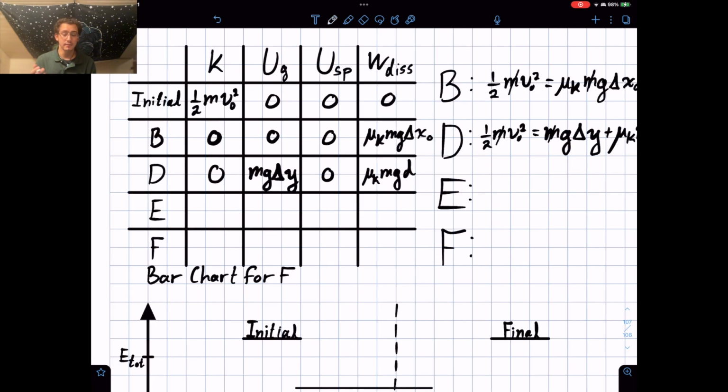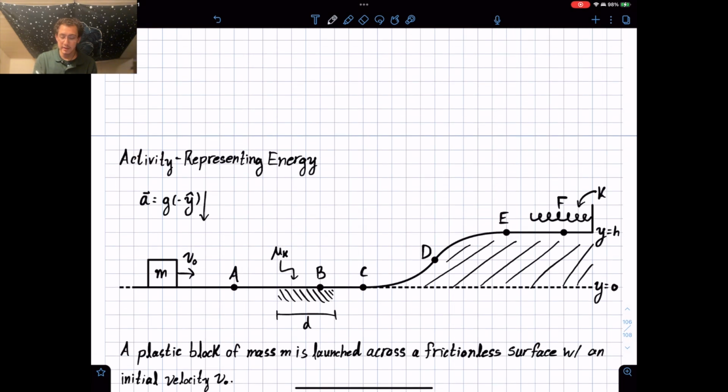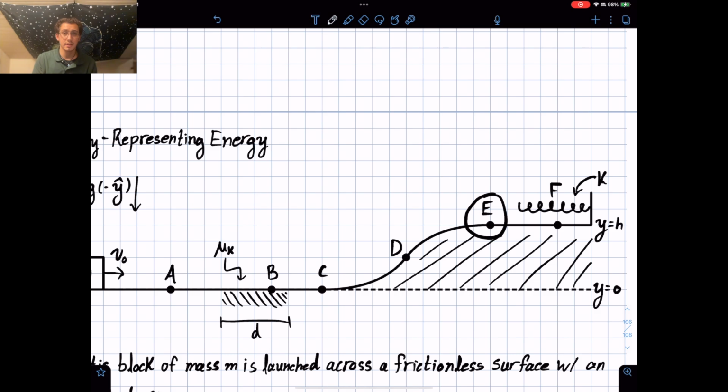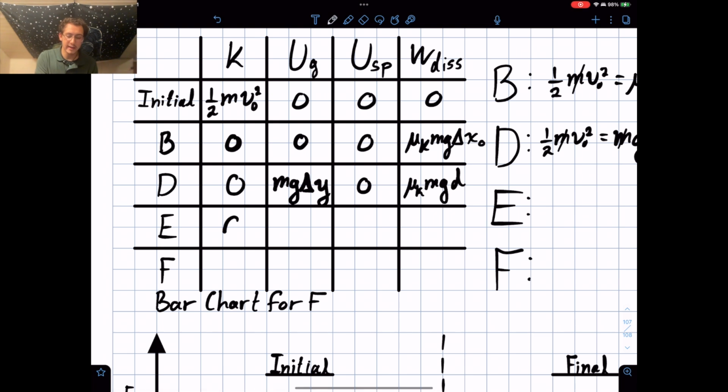And now for E. E up here is going to be at the very top of this slope, so it just comes to a stop. So we know that there's 0 kinetic energy, and instead of delta y, we actually have mgh, 0 for the spring, and still mu k mgd.